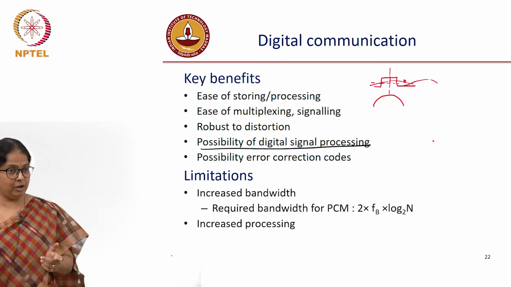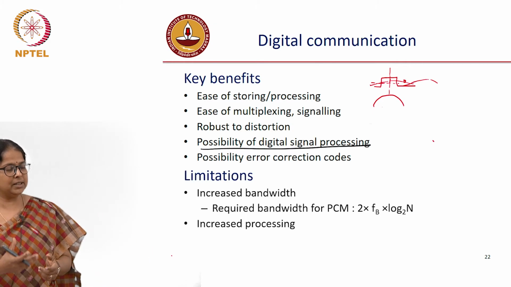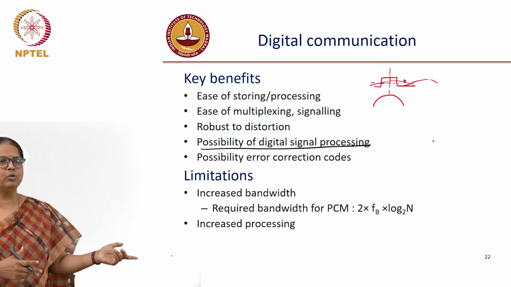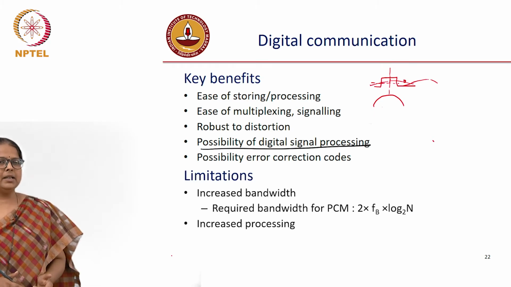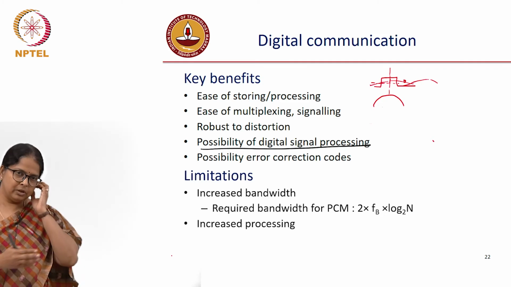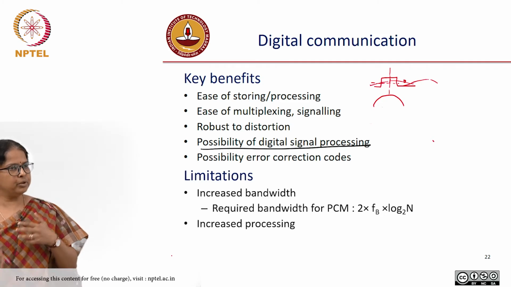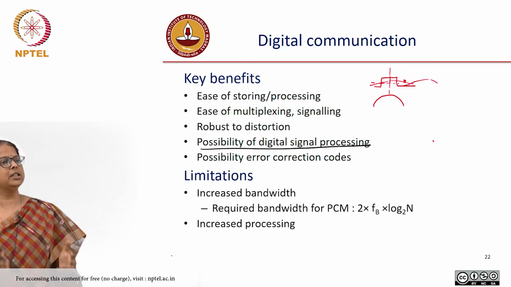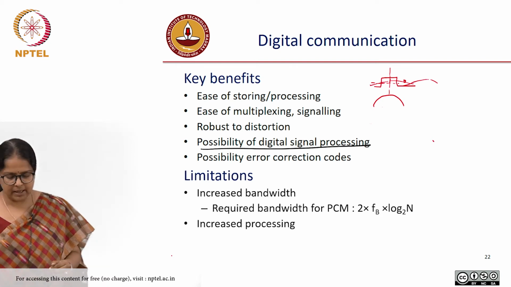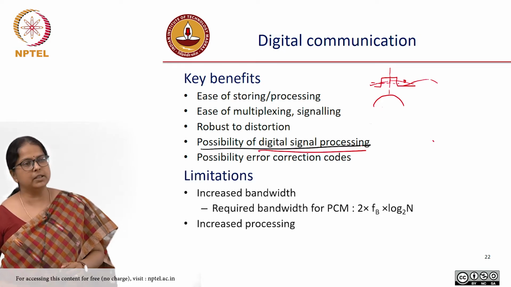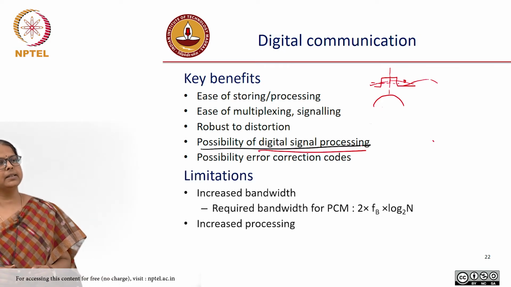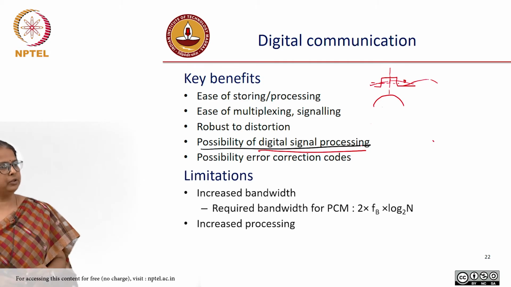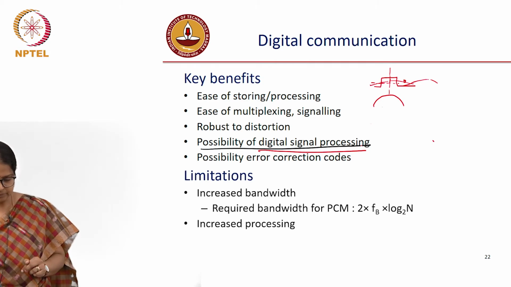You can have analog processing, but you would need to design complicated electronics. Whereas, if your signal is digitized, once you get the samples, you can put it through the traditional digital signal processors to do operations on this received signal so that your recovery is better. So, the possibility of digital signal processing is probably the biggest advantage of using a digital signal.